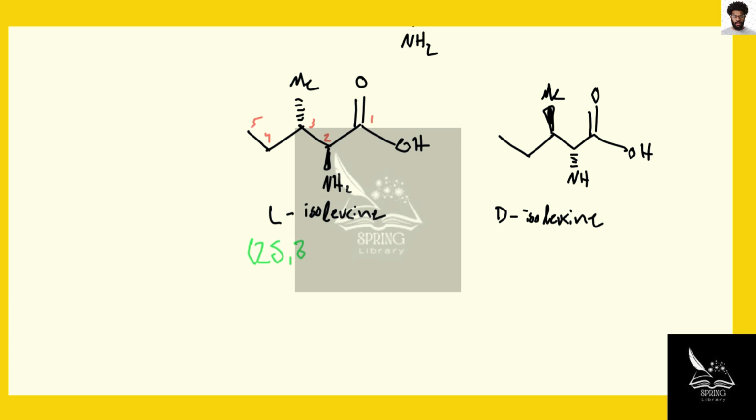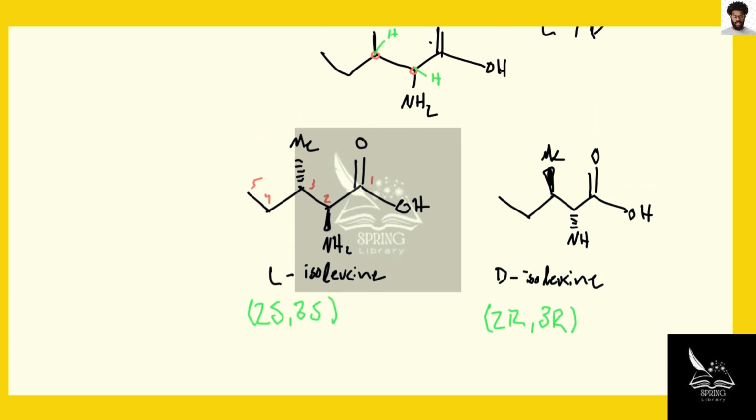And so you can maybe guess what D-isoleucine might be. We're swapping it from S to R, 2R. And at position 3, again, we're swapping it, so that should also be an R. Okay, so to the left is L-isoleucine, and D-isoleucine is to the right.